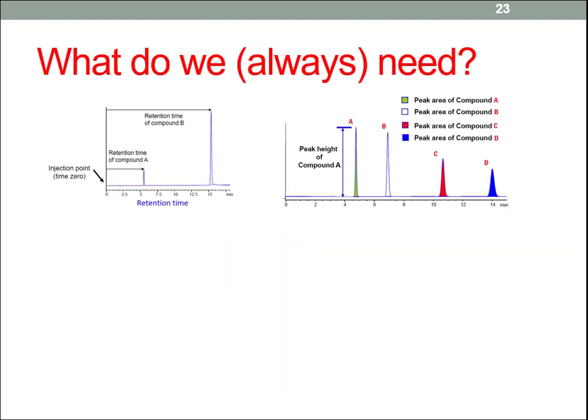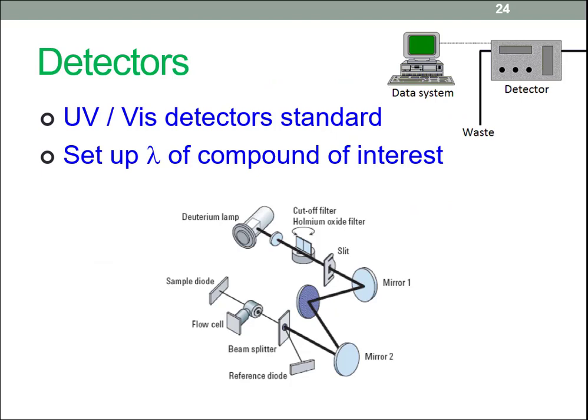Typically we run standards, in this case of different known concentrations of vitamin C, which you'll develop in the lab. These are then used to develop a calibration line in a way which you will be familiar with. Finally, I mentioned the detector. We're using a UV detector at a particular wavelength, which we'll talk about in the lab. So I mentioned vitamin C is colourless, but it does absorb in the UV region.